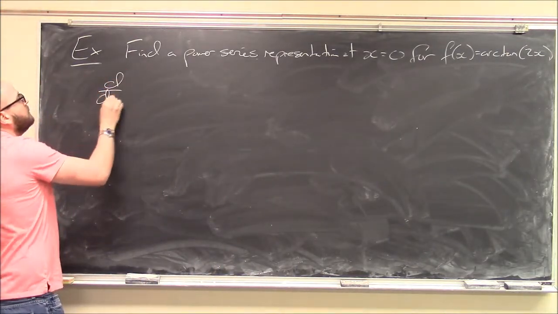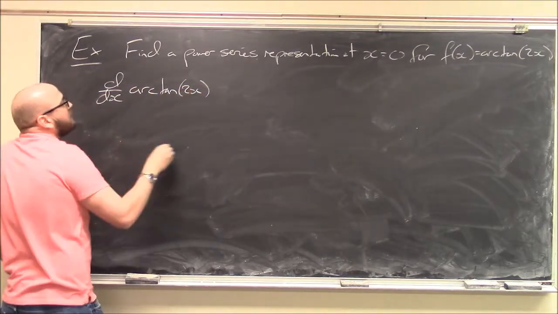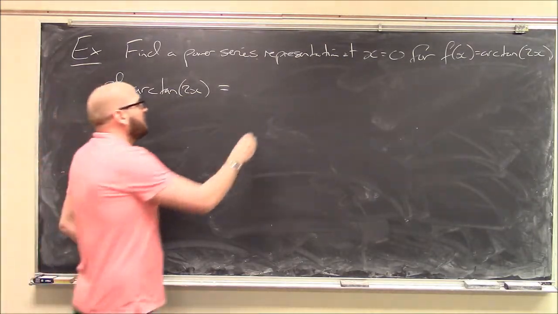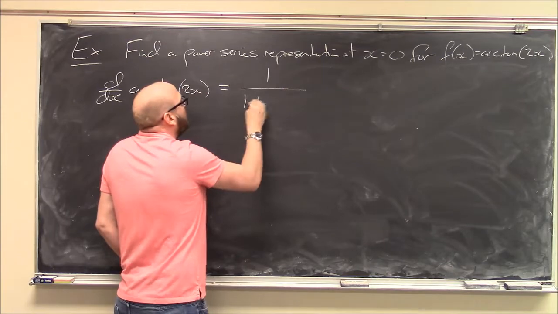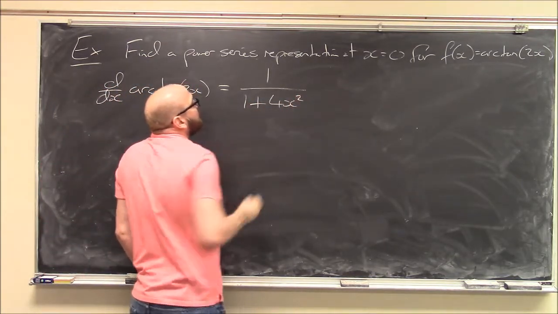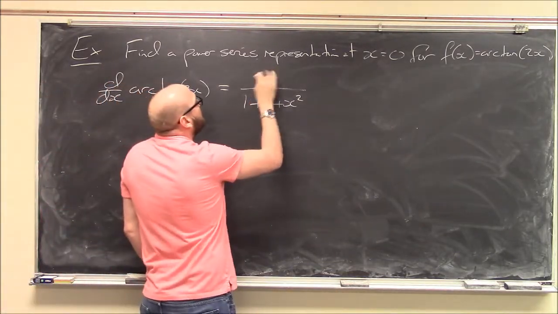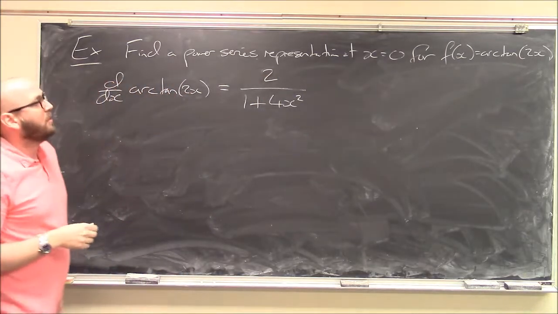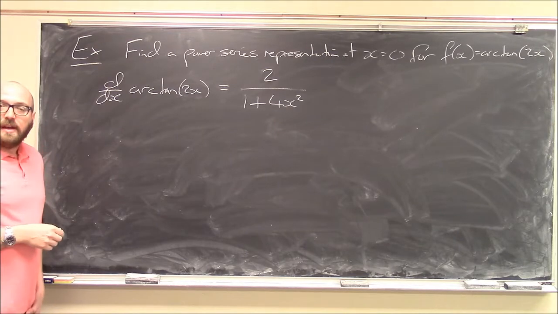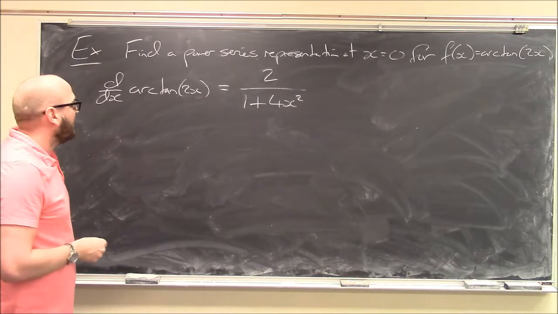The derivative of arctangent of 2x, what does this differentiate to? Well, arctangent differentiates to 1 over 1 plus the argument squared, so 4x squared, times the derivative of the inside, times 2. So actually 2 over 1 plus 4x squared. That looks a lot like 1 over 1 minus x. I just need to manipulate 1 over 1 minus x to look like this. Alright, so that's what we're going to do.